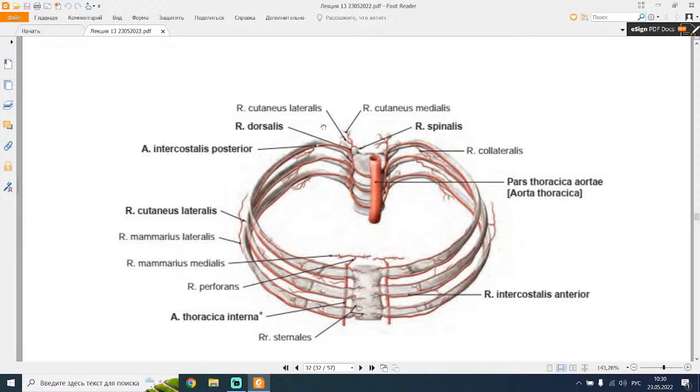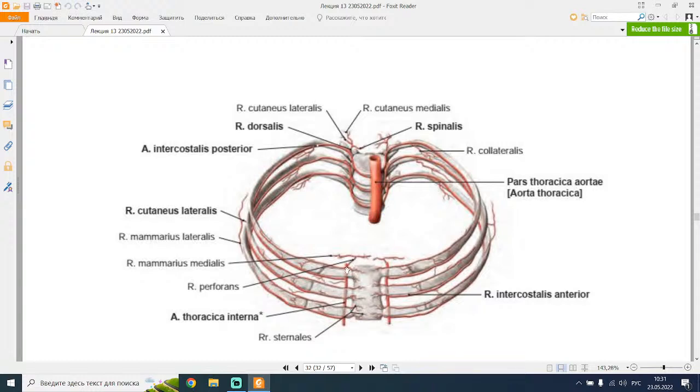These are branches: rami dorsalis, rami cutaneus lateralis, rami cutaneus medialis, rami spinalis, rami collateralis, and rami mammarius lateralis, and anteriorly you see arteria thoracica interna.